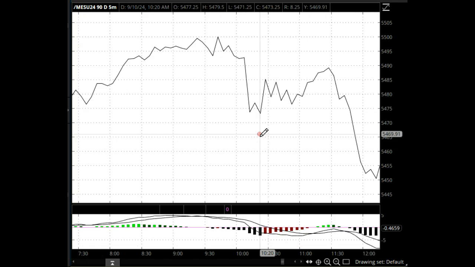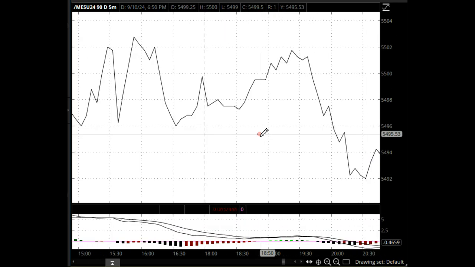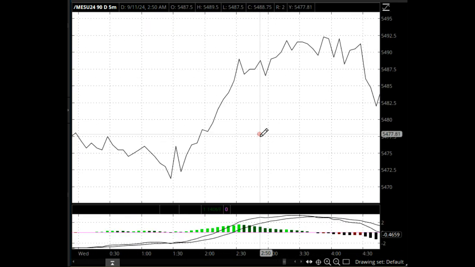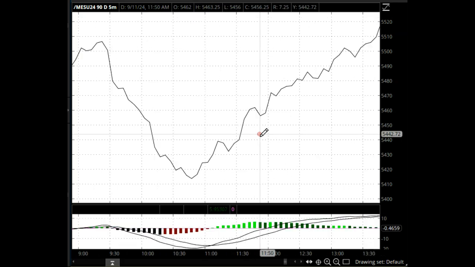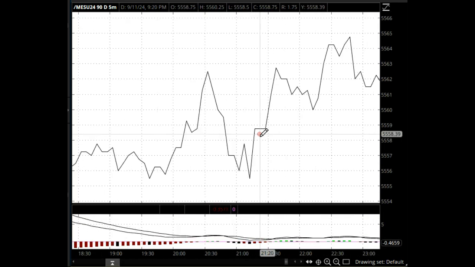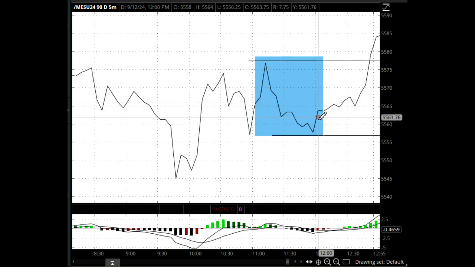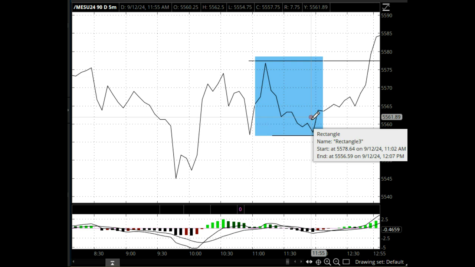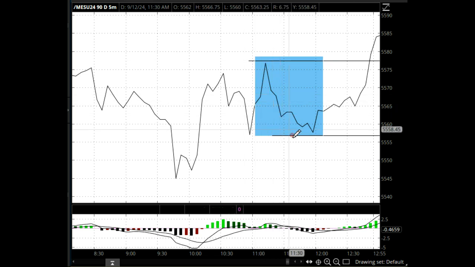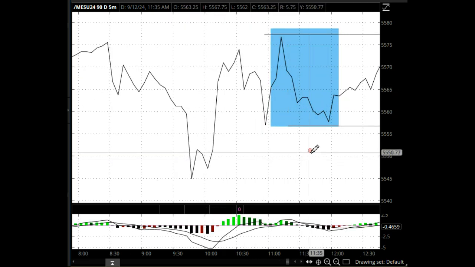And it appeared here. 3. You have 3 examples of a fractal. Okay. So all the fractals, they continuously appear in any market on any time frame.